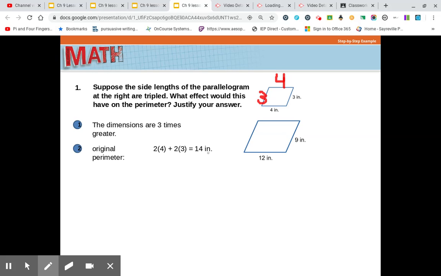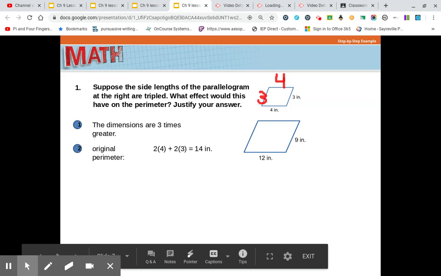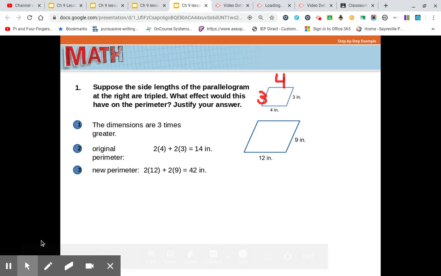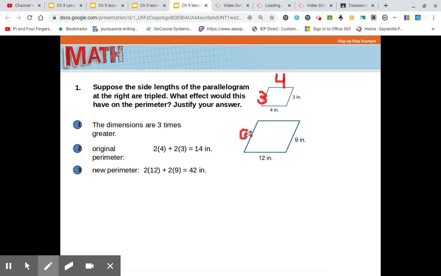Sorry. Let's see. All right. So the new perimeter is 2 times the 9. So again, they're only filling in one side, but if that side's 9, this side would be 9.